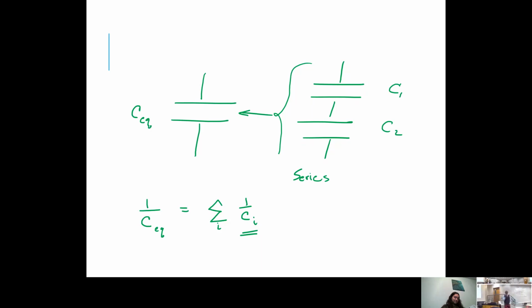But manufacturers cannot produce every single number known to person for capacitor values. So you open up the drawer at Radio Shack and you will see specific set values for the capacitors. You'll see like 1 microfarad or 3 microfarads. And you say, well, but I need a 2 microfarad. And they would say, tough luck, you need to combine the ones that we actually have to get the one you actually want.